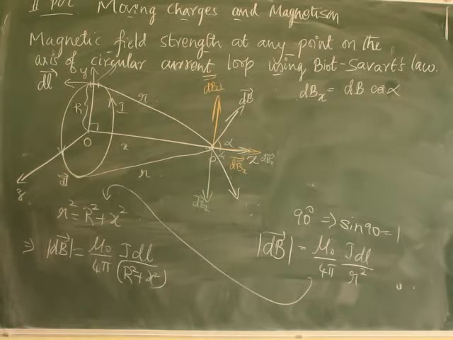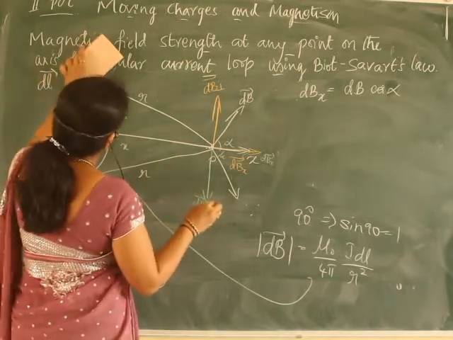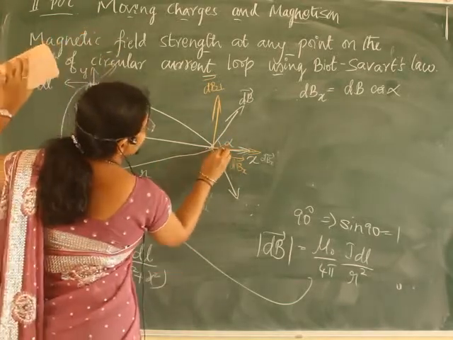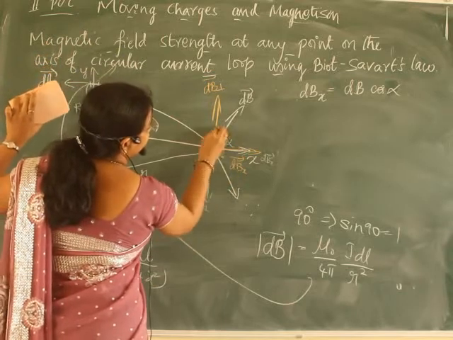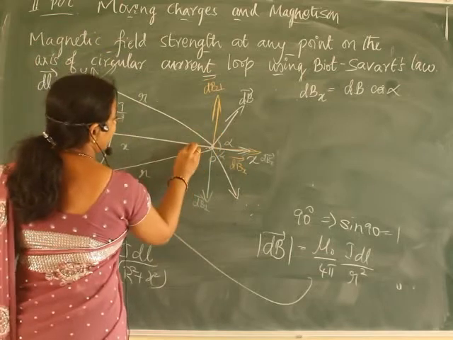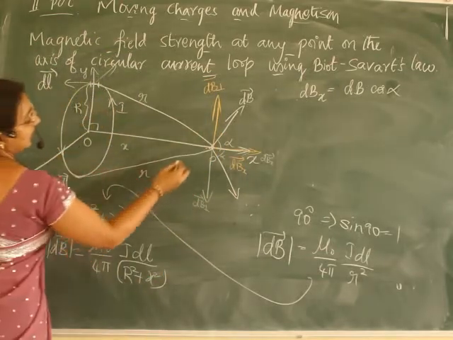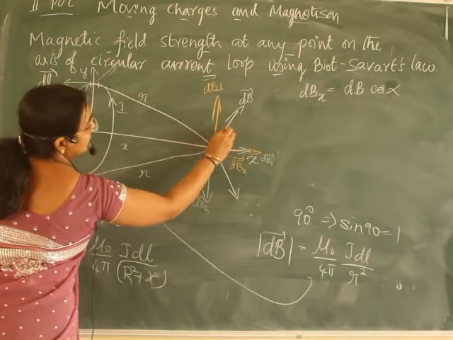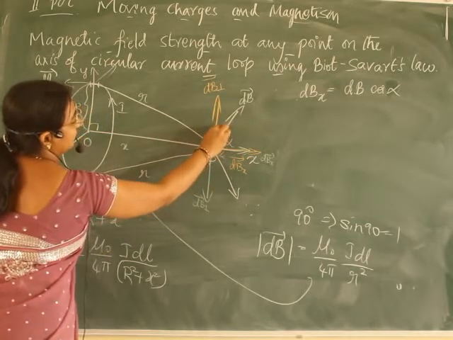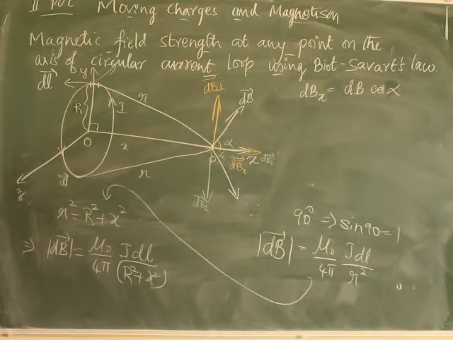Next, see here, this is alpha, this is resolved into two components, that is 90, correct? This full is 90, am I right? Now look here, what I can show is, this full is 90, this is 90 minus alpha, then this should be alpha, correct?